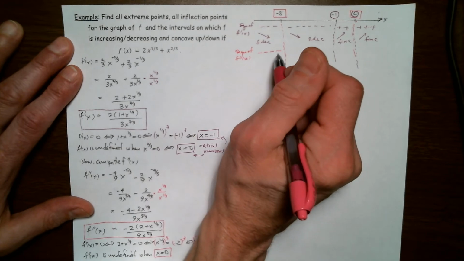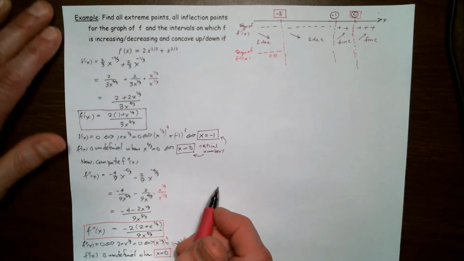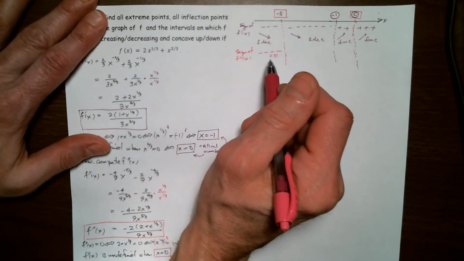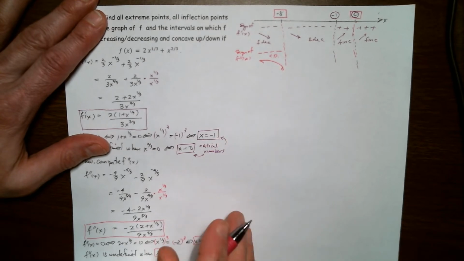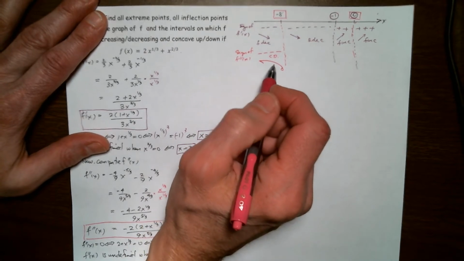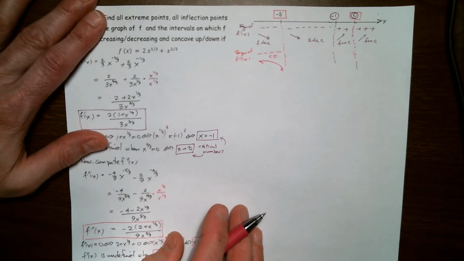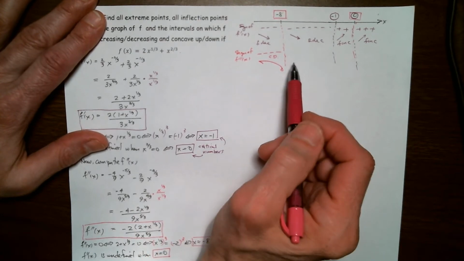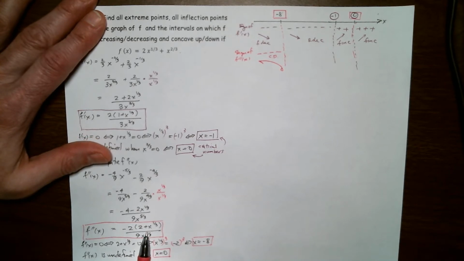So that means that our function f is concave down on the interval minus infinity to minus 8. It's also decreasing, so its graph would have to have this sort of shape to it, as it decreases at a faster and faster rate over that interval. Now between minus 8 and 0, if we take the cube root of any such number in that interval, that will now be greater than minus 2.